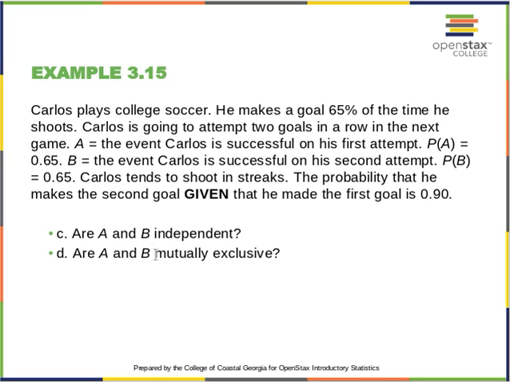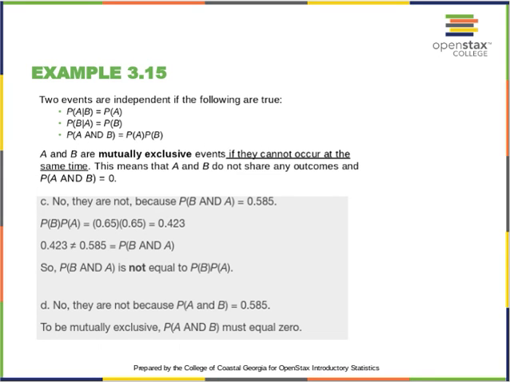Then it asks, are A and B independent, and are A and B mutually exclusive? Now we're just going to test the rules that we already were given in the previous video. So for C, no, they are not independent because probability of B and A is equal to 0.585, and we know that probability of B and A is not equal to the probability of A times the probability of B, which is this piece right here.